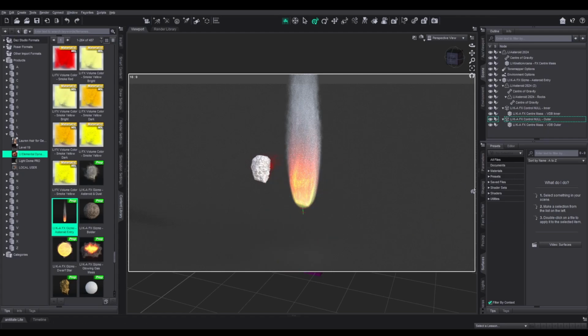So, how do I get to this? How do I get rid of this? How do I make a bunch of unique ones so that I'm not just copying and pasting the same one?